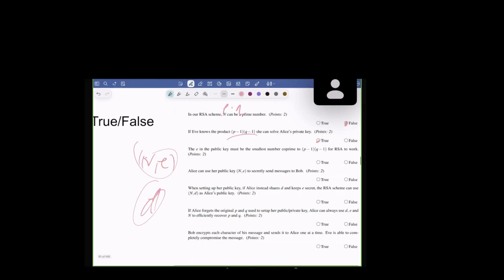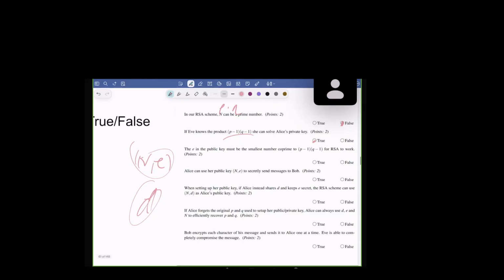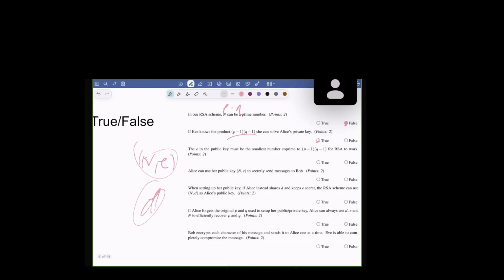So next up, when setting up her public key, if Alice shares D instead of E, can you still run the RSA scheme? Well, what will be the difference? If you switch up the keys for Alice, will this be any different?